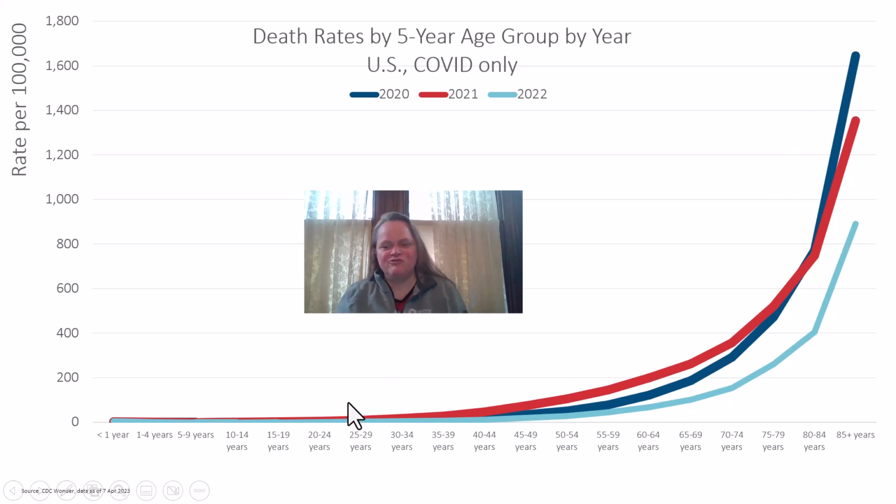What's interesting is what happened with the 2021, that we had a higher rate at younger ages, but a lower rate at older ages. And then, of course, in 2022, the death rate from COVID only was much lower compared to both 2020 and 2021, which is yay. We're very happy about that.